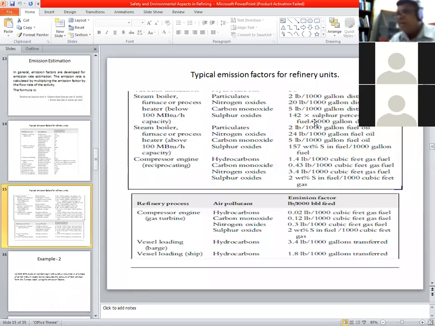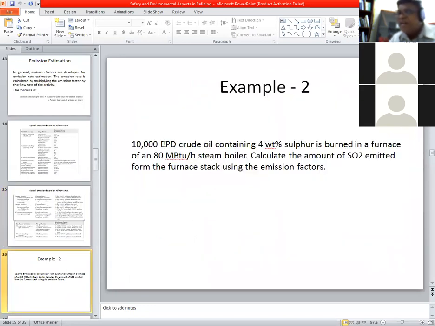Be careful here, given per 1000 gallon, but this one is barrel. So this barrel you have to convert to gallon. Please note down, 1 barrel equals 42 gallon. So the flow rate of 10,000 BPD equals 420,000 gallon per day.